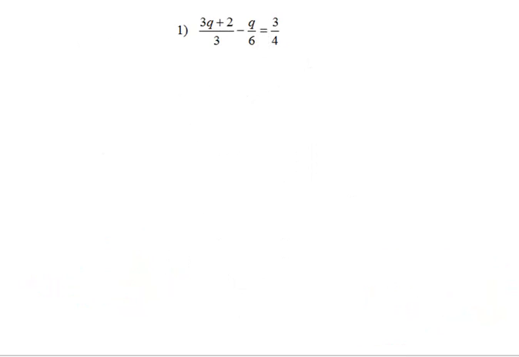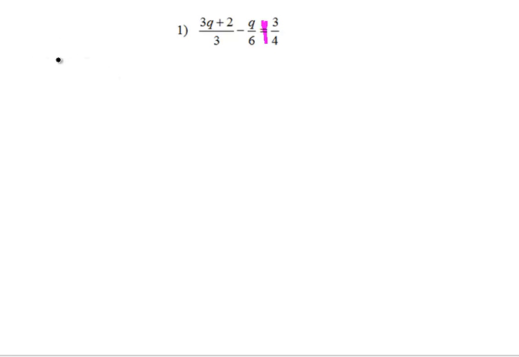This has this little equal sign right here. So that tells me I have to handle things slightly differently because I'm going for a solution here, not just a simplification.